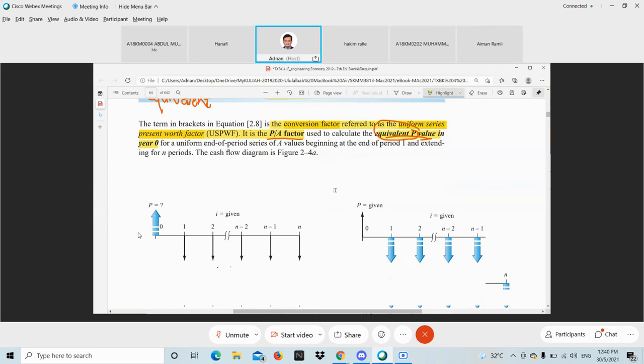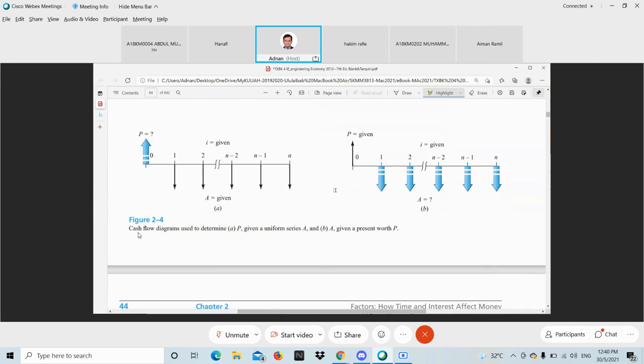Alright, if we put it in terms of a diagram, this is the money flowing out from your pocket. The A is flowing out, so we have negative here, and what we want to know is the equivalent P value of the payments A that we make.